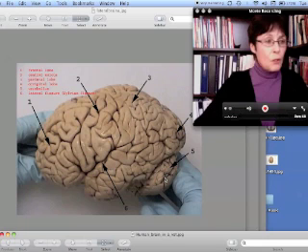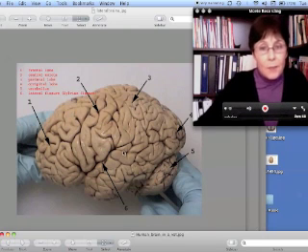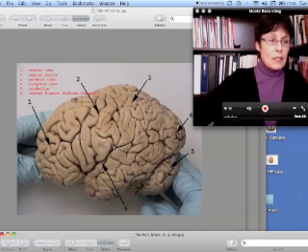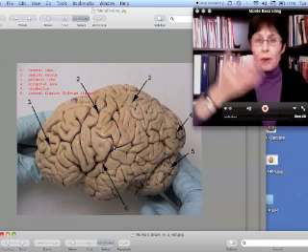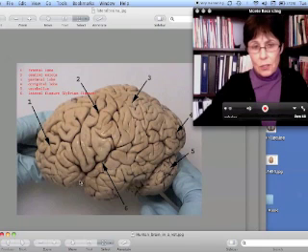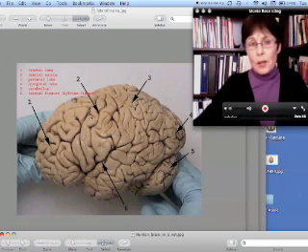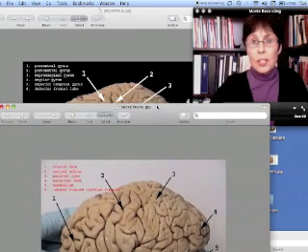And there are folds called sulci and gyri, or sulcus and gyrus for the singular forms. The sulci are the folds where the areas fold down and in. So here's a sulcus. And the gyri are the outward parts.